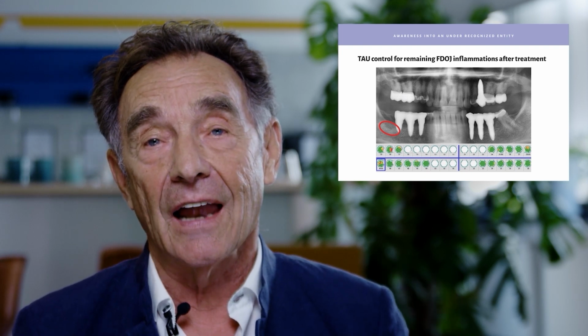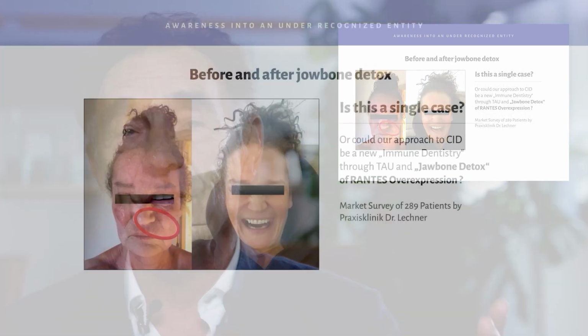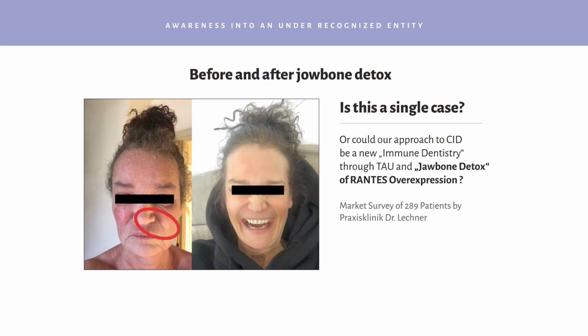It's nearly gone. And as it is gone, here you can see the difference in her neurodermatitis in the face, the clinical outcome after this RANTES diminishing therapy, including the control with the ultrasound device.